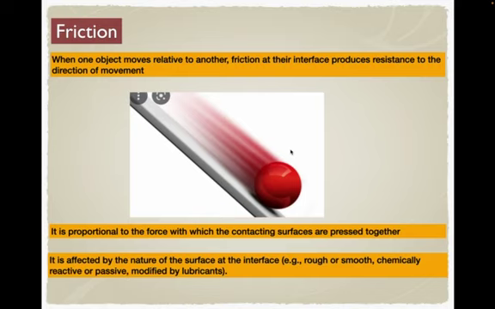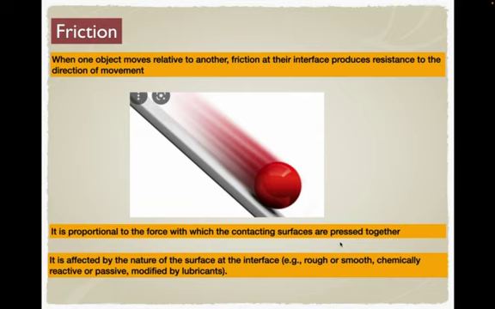So the nature of the surfaces that sliding happens on will affect the friction. And also not only the roughness and the smoothness, but also the chemical reactivity, whether it's passive or active. And we will see later on how the chemical composition of the material can also affect friction.